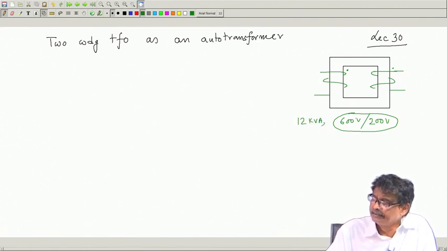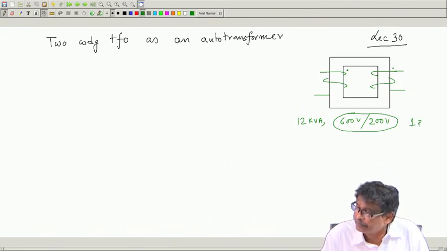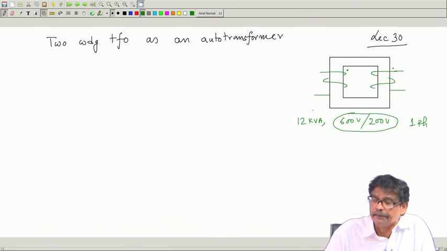Suppose this is a single phase two winding transformer. Understood? This is the thing.